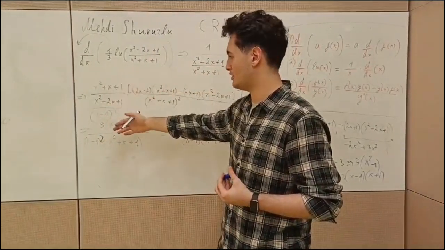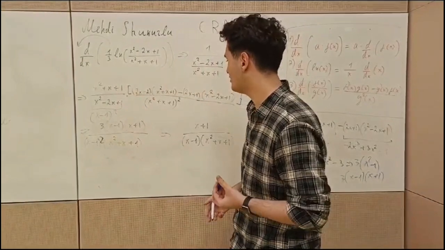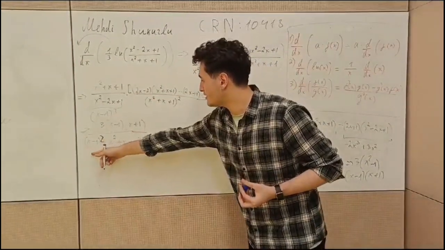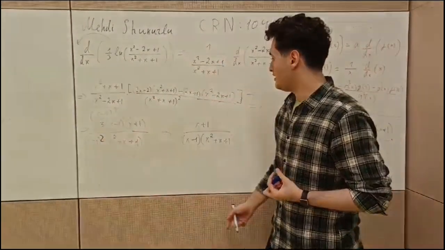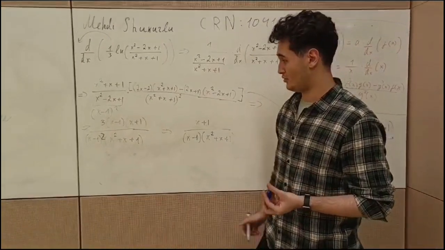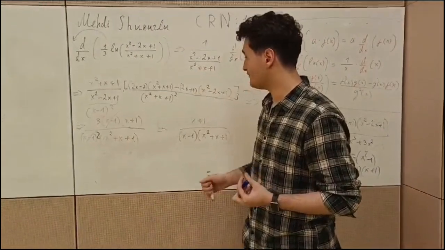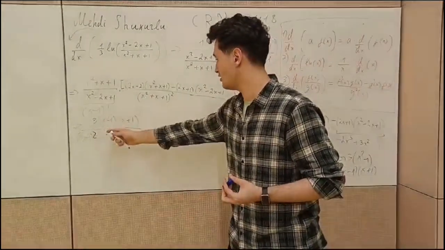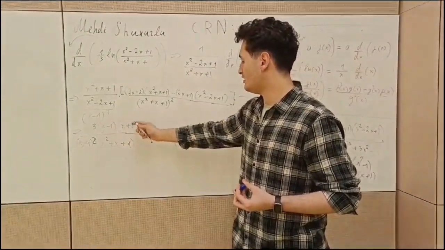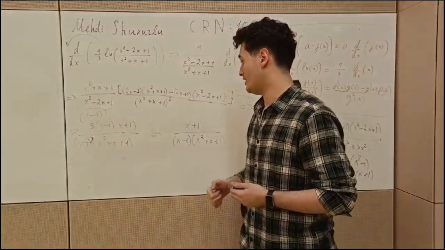You can just rewrite this as x minus 1 squared; that's why I typed x minus 1 squared here. After doing that, we're going to cancel the x minus 1s, and we're left with 3 times x plus 1 divided by this expression.